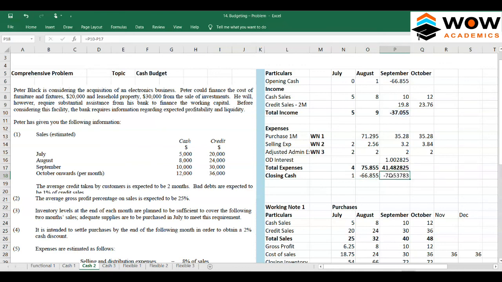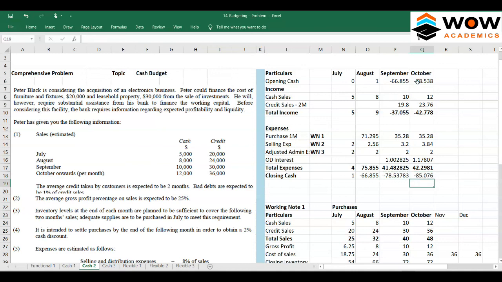As it's a deficit, we have to calculate interest also. So this is the interest that has to be paid. Let's get the opening number and total income. Total income is negative here also. Total expense is this, and closing cash would be this.